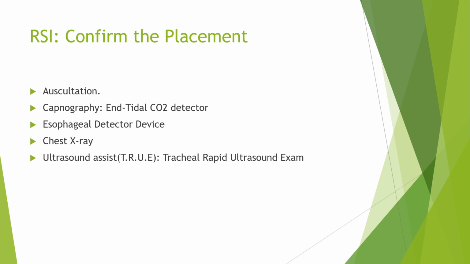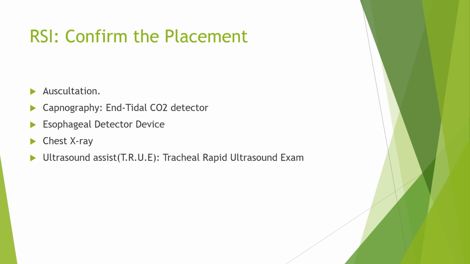And thirdly, the esophageal detector device, EDD, but it's less used now. Fourthly, we can use the chest X-ray to confirm the position. The tip of the endotracheal tube should be around 2 to 3 centimeters above the carina. And we can see if the endotracheal tube is placed in the right place.